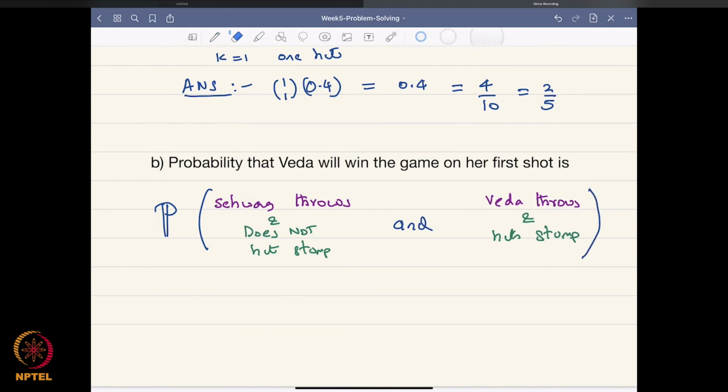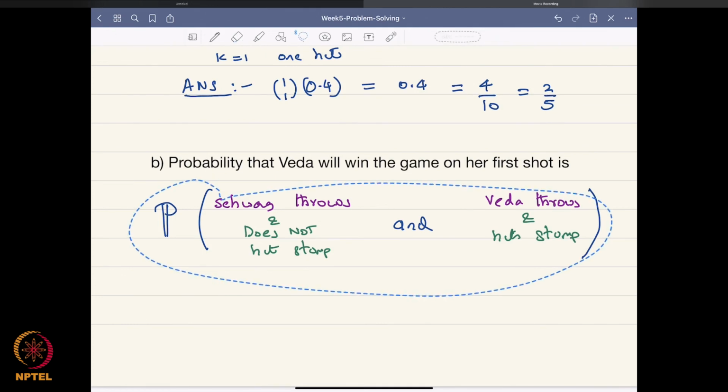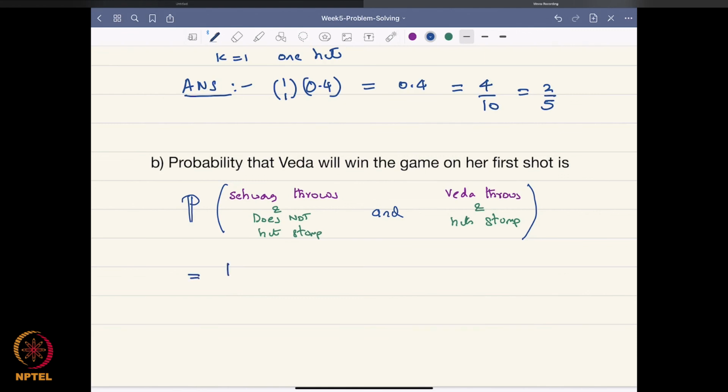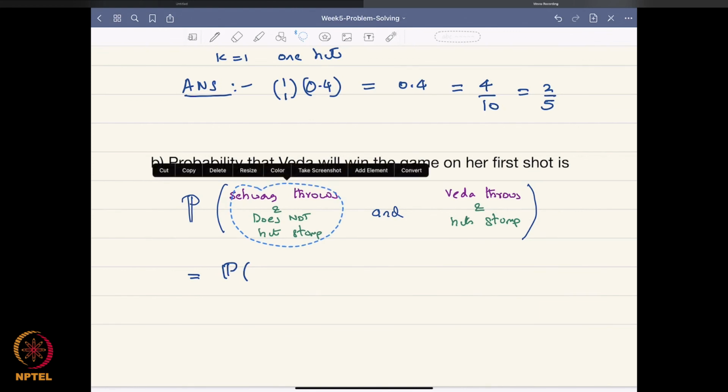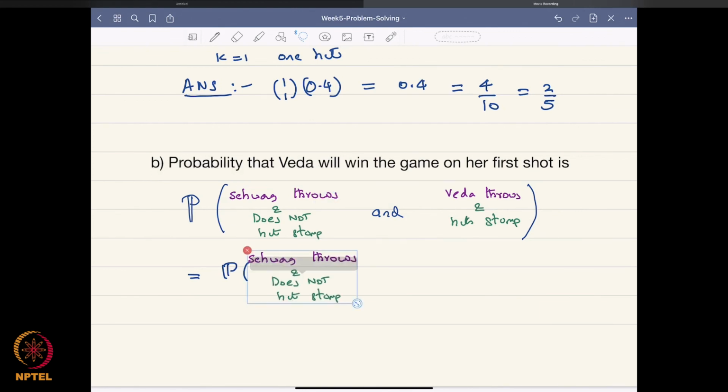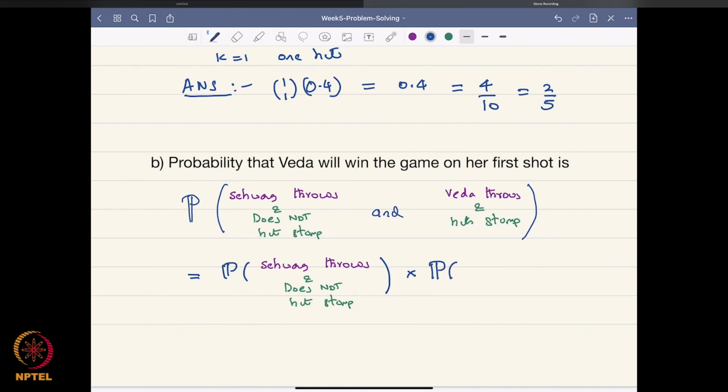So I'll write this as the probability that Sehwag does not hit, and I close the bracket, because of independent events, this times the probability that Veda wins the next one, by independence of the two things, right?